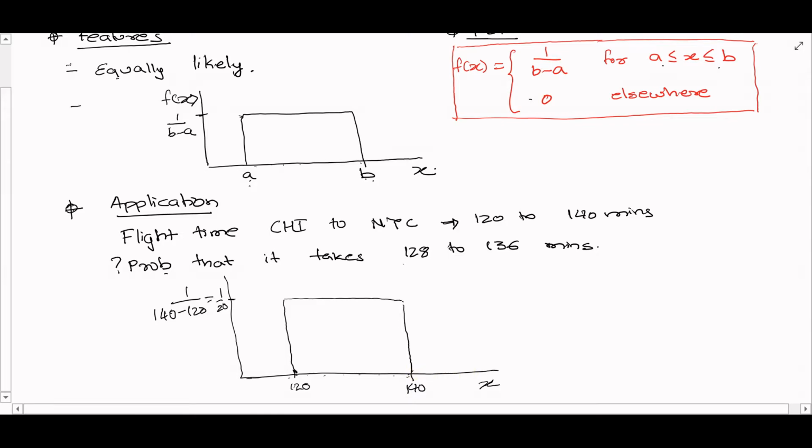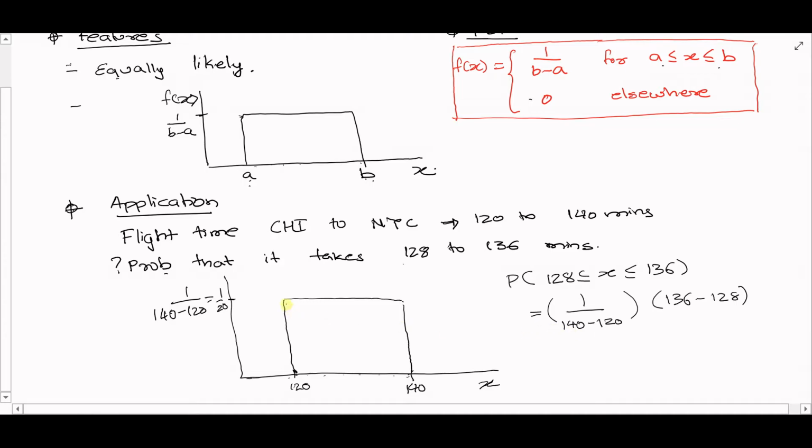Our interest in this application is to think about the probability that x will take values between 128 and 136. Now, the probability of one x is 1 over 140 minus 120, and there are 136 minus 128 possible values that x can take.